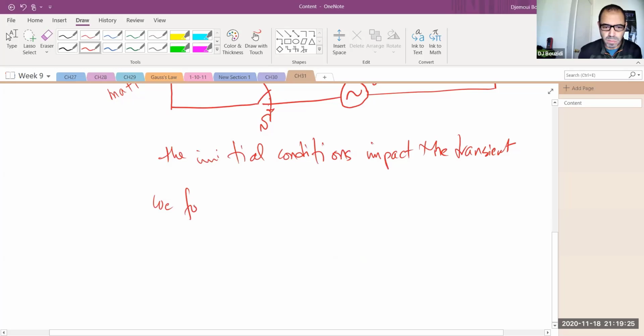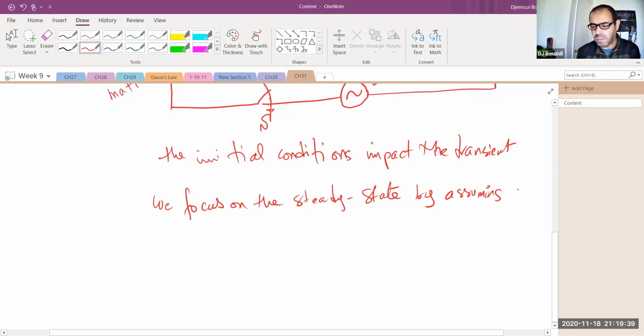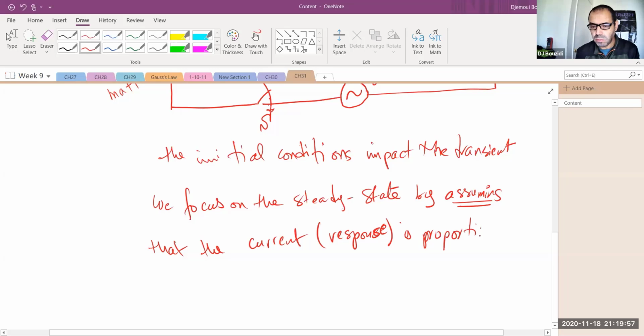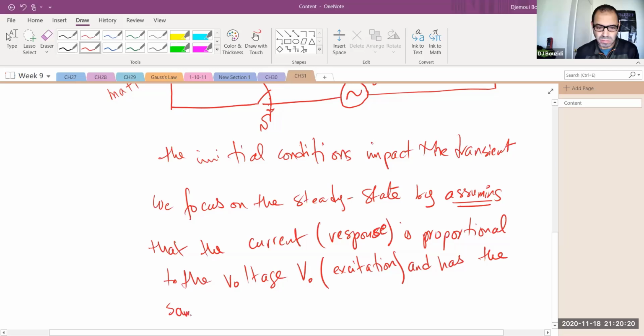So we focus on the steady state by assuming, and we're going to verify this assumption, assuming that the current, which is sometimes called response, is proportional to the voltage V0, which is called the excitation, okay, and has the same frequency, but may be shifted.